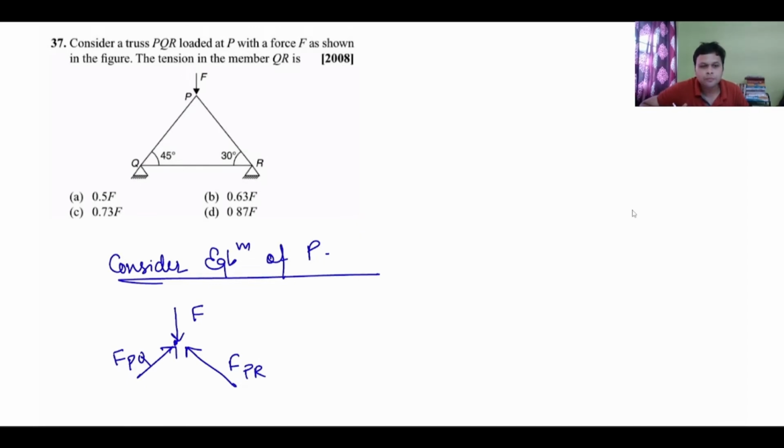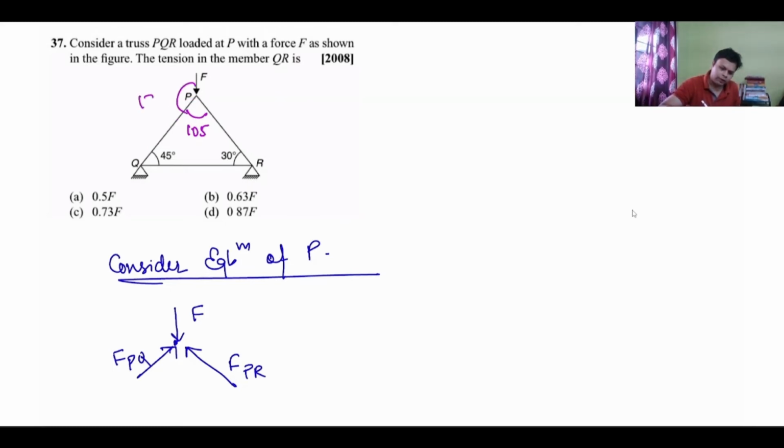Now we can use Lami's theorem. We have used Lami's theorem multiple number of times. You see this is a very, very important theorem. So 45, 30. So how much will be this angle? 180 minus 45 minus 30, it is equal to 105. So if this is 105, let me draw a line like this is 45. 45 plus 90 is 135.